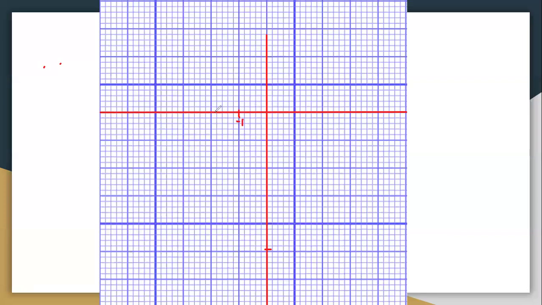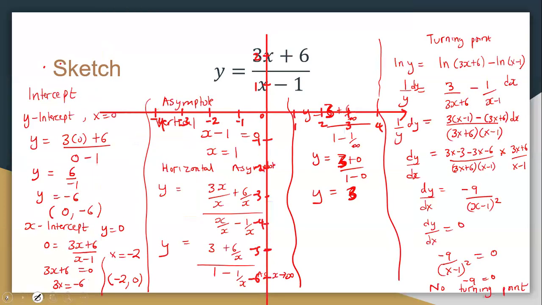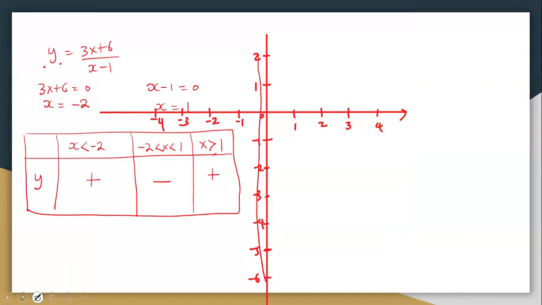So -1, -2, -3, -4, 0, -1, -2, -3, -4, -5, -6. Then I have my 1, 2, 3, 4. Then I have my 1, 2.